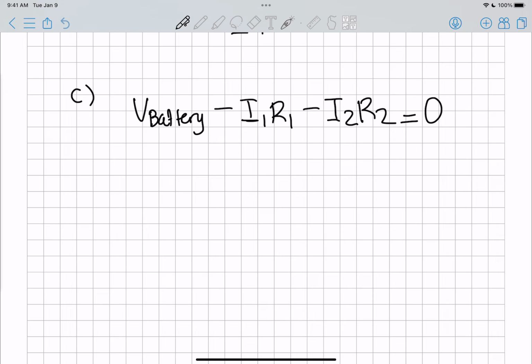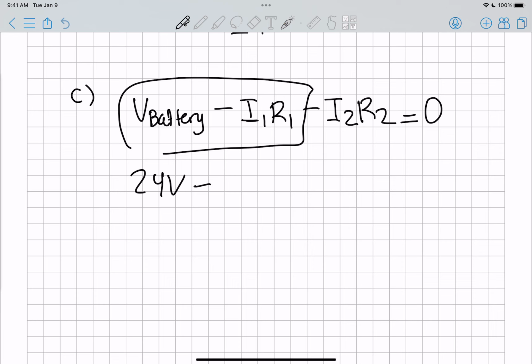Why should it equal 0? Because, once again, like we said, the voltage across resistors in parallel should be the same. So R2 and R34 should have the same voltage. And then R234 should have whatever voltage was remaining after that voltage drop from R1. So just by looking at this first, this was 24 volts minus that 2.4 amps times R1, which was 5 ohms, right?